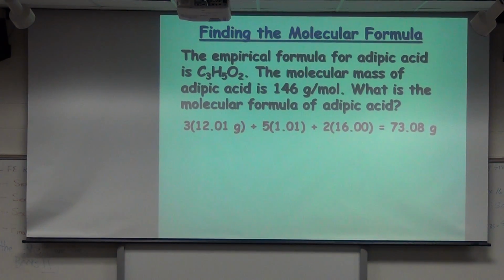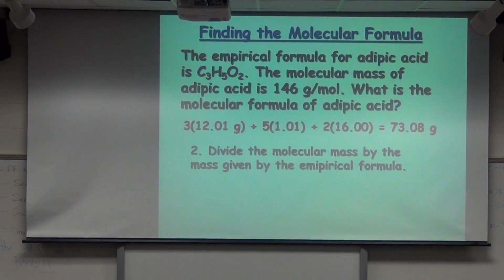So our next step is simply to take our total mass, our molecular mass, the actual mass, and divide it by our empirical mass, to find out how many times bigger the real mass is relative to our empirical mass.